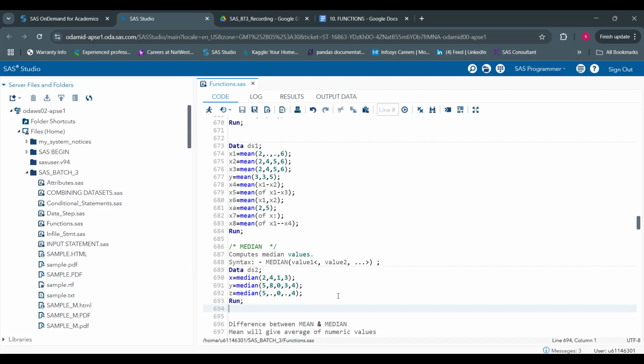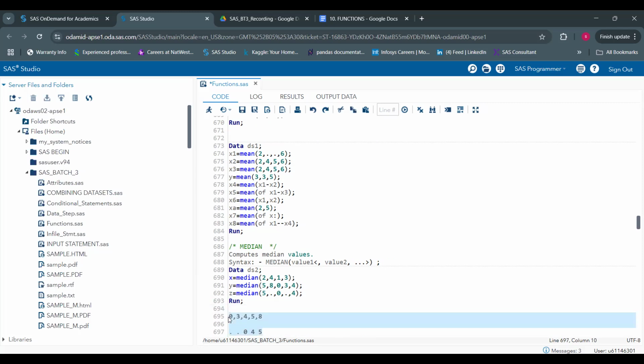Should be 4 again. I can see your screen, 0, 0, missing, 0, 4, 5. Let's see whether it will be a 0 or a missing or a 4.